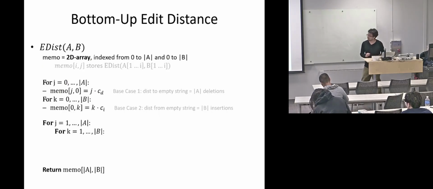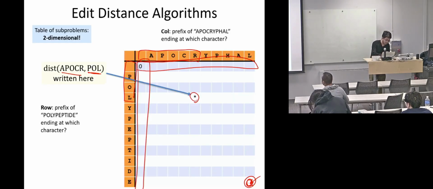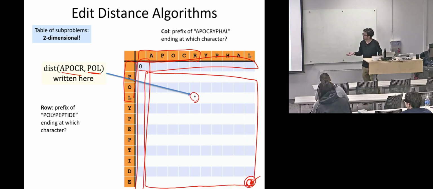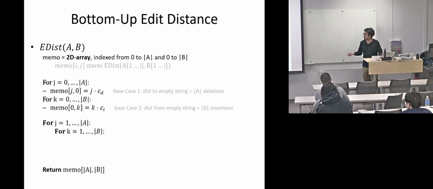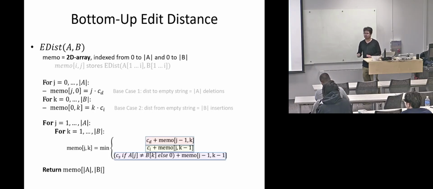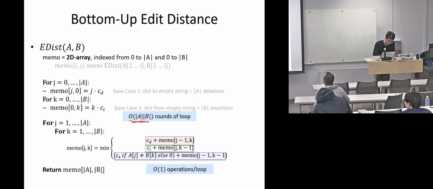And now, what about the remaining part? How can we fill it in? Just use our recursive formulation, and that's it. We are done. There are A times B rounds, and in each round you spend constant time, because whenever you want to compute a number in the table, you just compare these three numbers.